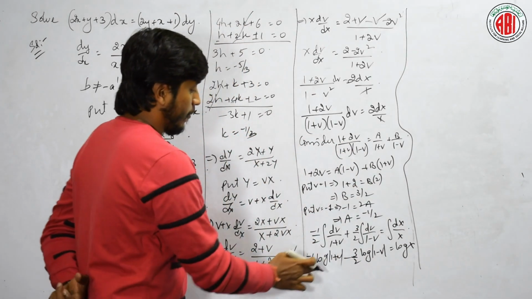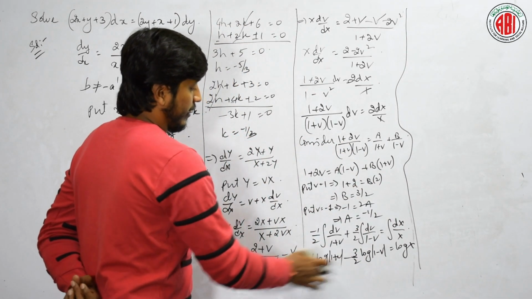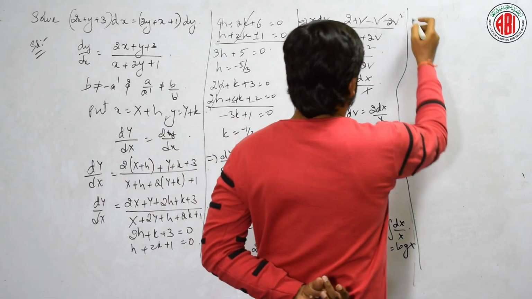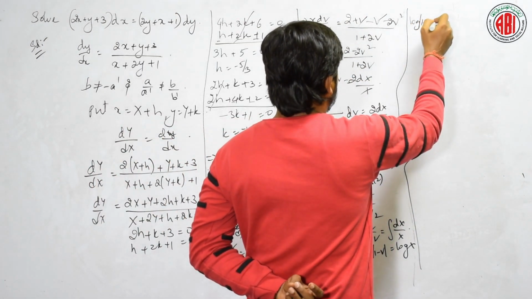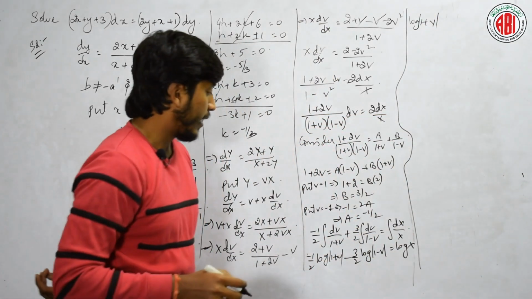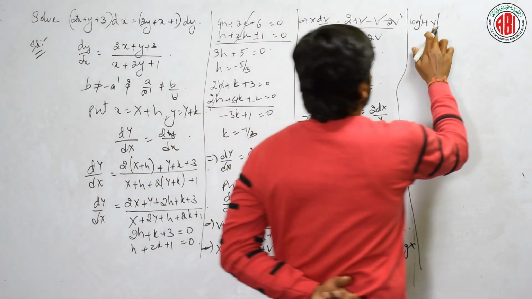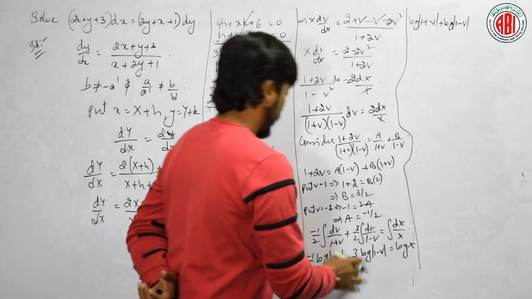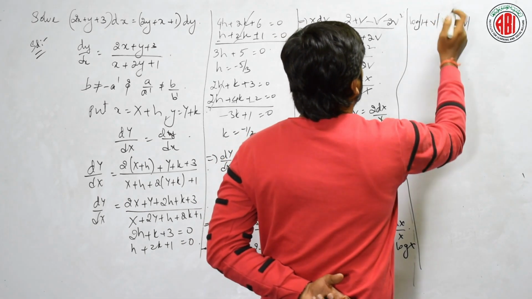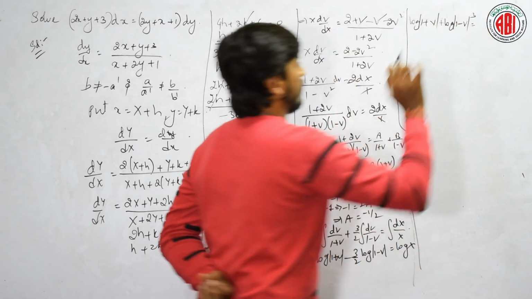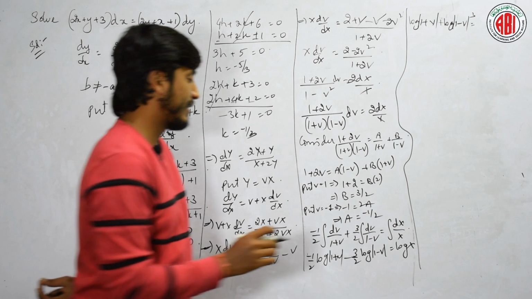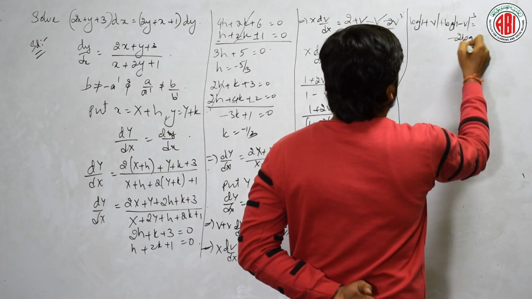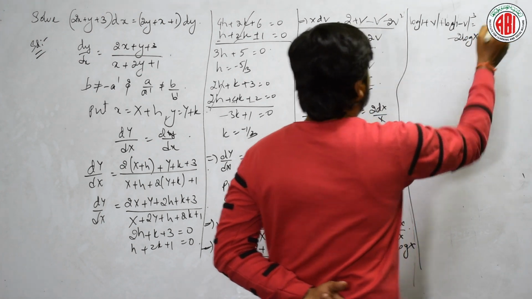Now if I take minus 1 by 2 common and send that side, I will get log (1 plus v) minus 3 log (1 minus v), let me write cube directly here, equal to minus 2 log x plus c.